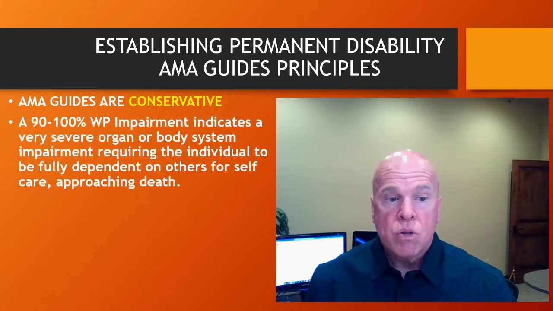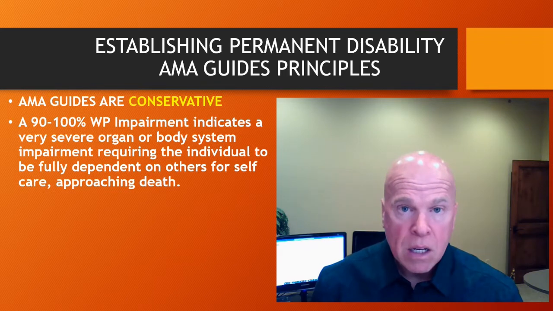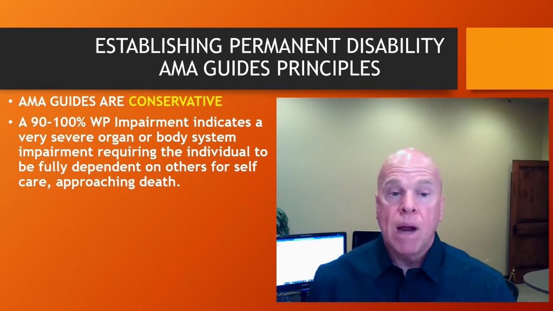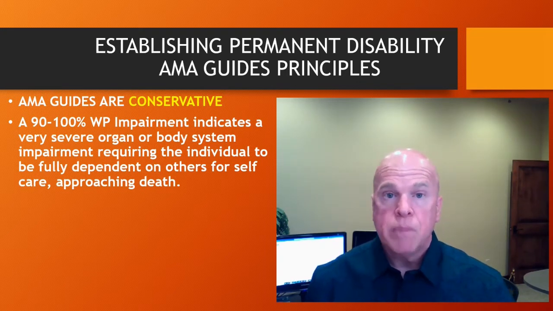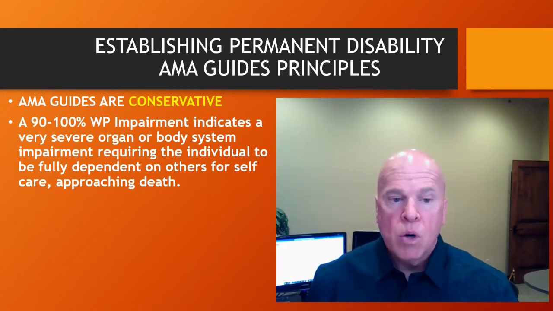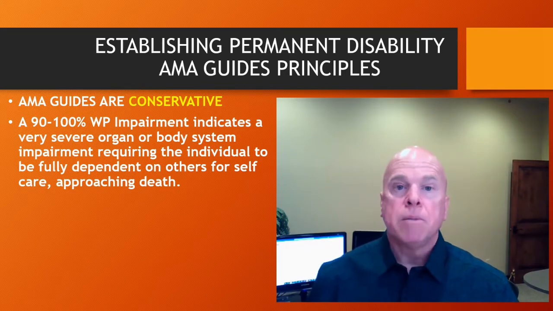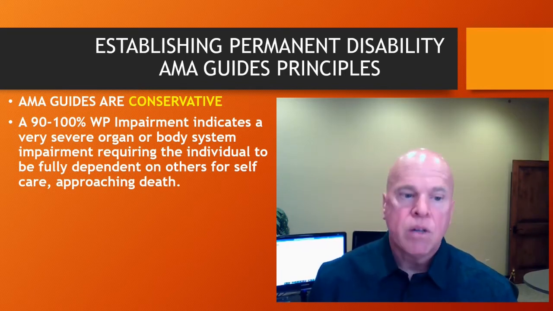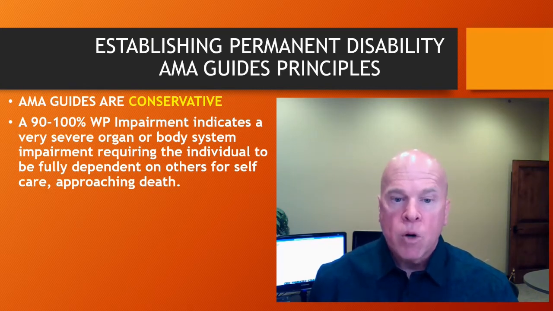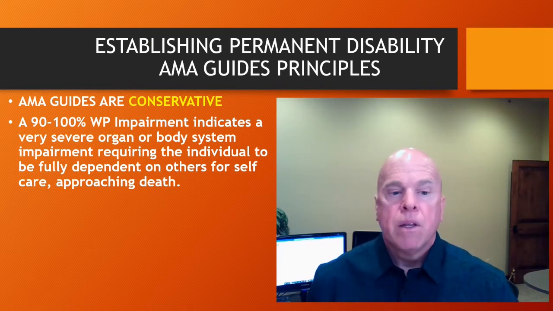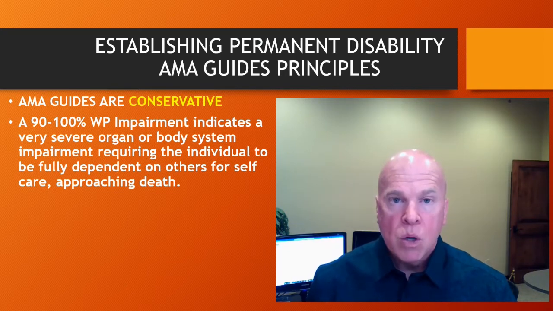So for instance, for a person who has a 90 to 100% impairment rating, in order for that impairment rating to be accurate, this is describing an examinee who has a very severe organ or body system impairment, requiring the individual to be fully dependent on others for self-care. This is an examinee who is approaching death, okay?